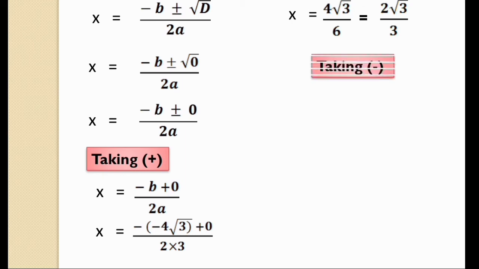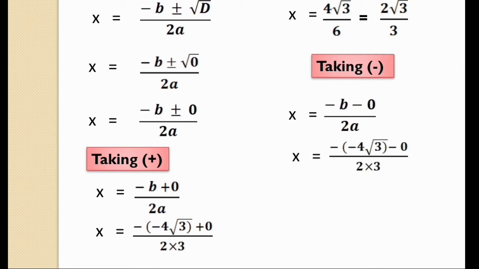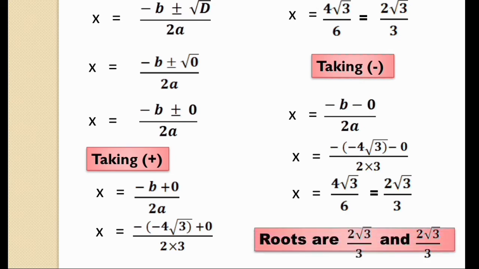Now we take the minus sign, x = (-b - 0) / 2a, and again we substitute the values of b and a, and we get the same value, 2√3/3. So the roots are 2√3/3 and 2√3/3, equal roots.